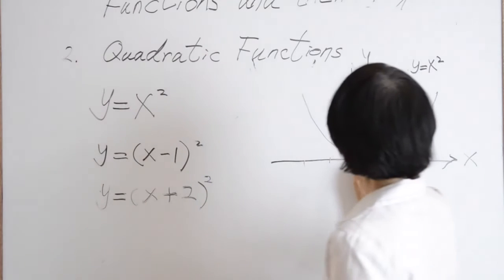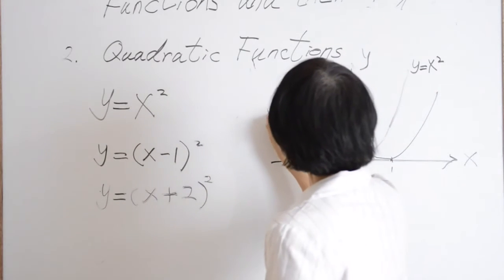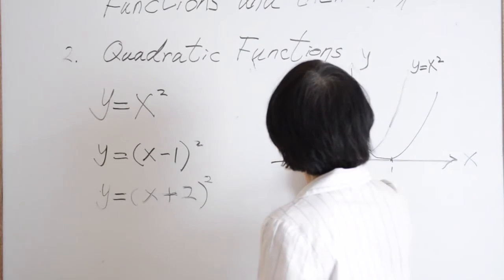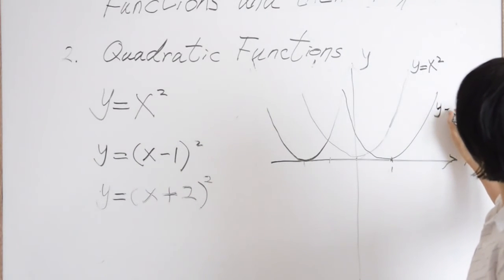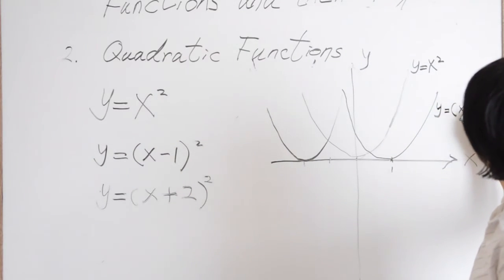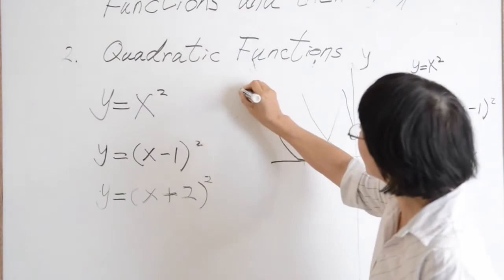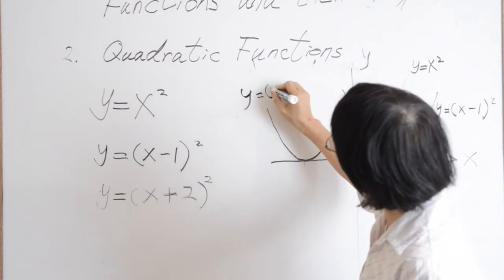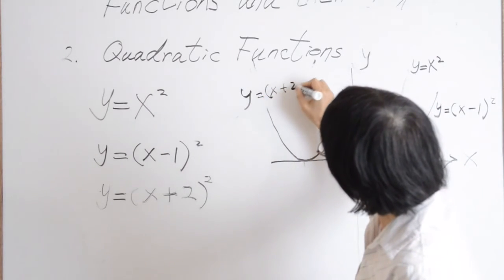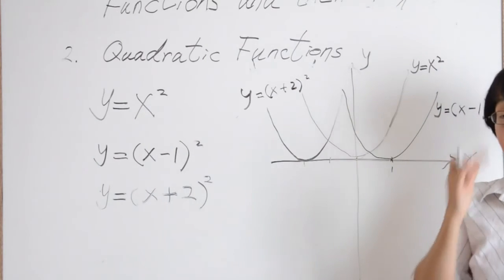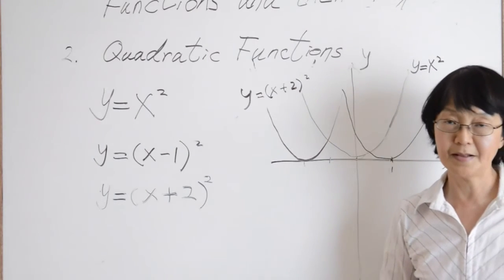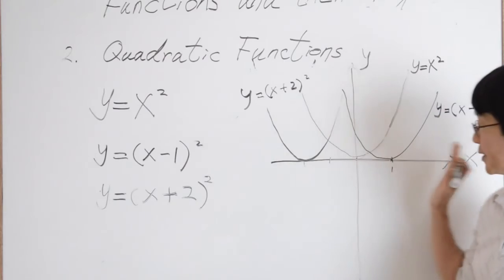So you go to this point here, and it becomes like this. So this one is y = (x - 1) squared, and this one is y = (x + 2) squared. You see that? That's easy, right? This is horizontal translation.